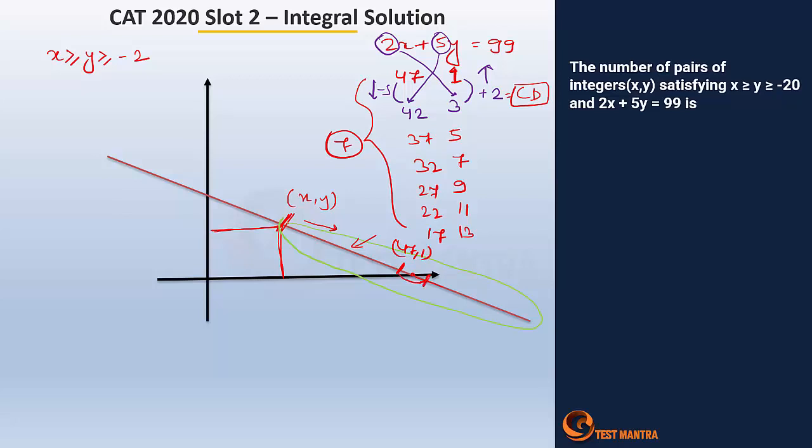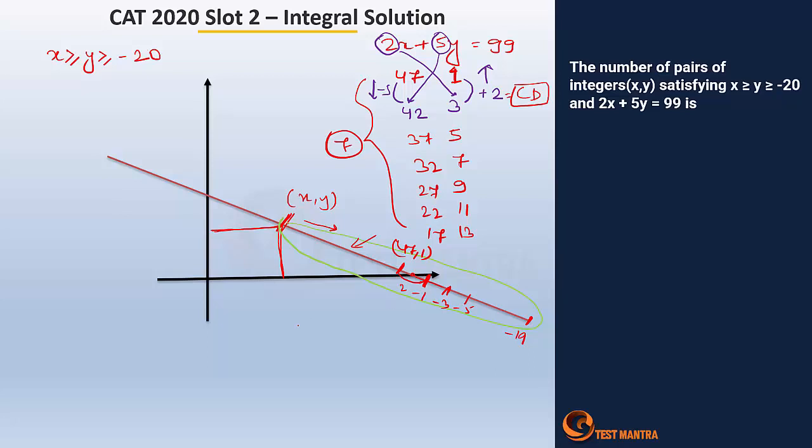If we take the movement of y, I have a common difference of 2 here. That means the value of y is supposed to be minus 1 because I want a common difference of 2. Then the next figures which will satisfy the condition are minus 3, minus 5, and this process continues till the last figure, which is supposed to be minus 19, as it's an odd number and the value of y should be greater than or equal to minus 20. Now you can identify that this is following an arithmetic progression.